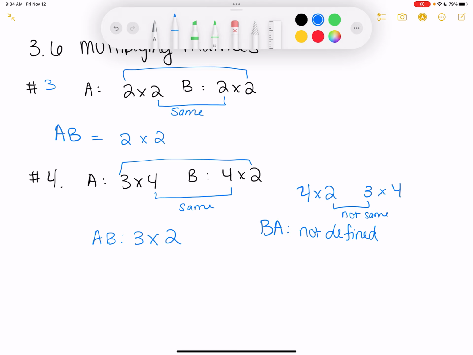All right, so then find the product. If the product is not defined, state the reason. So number 10, we have 3, -1, and then 5, 7.